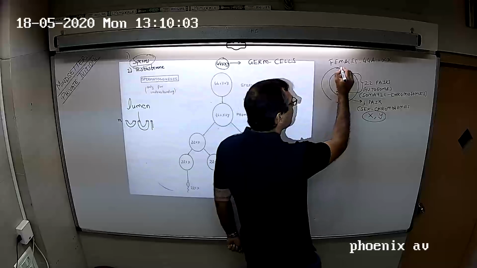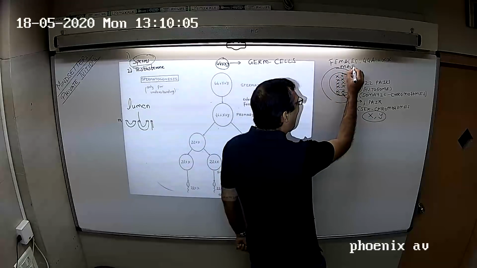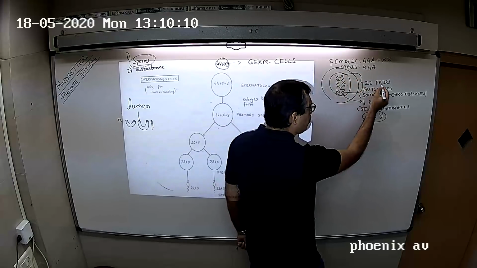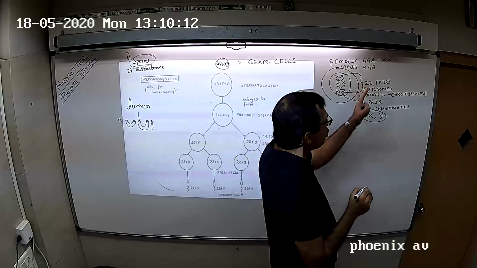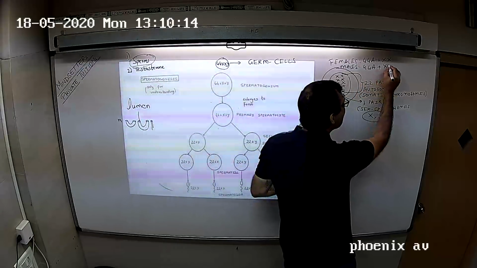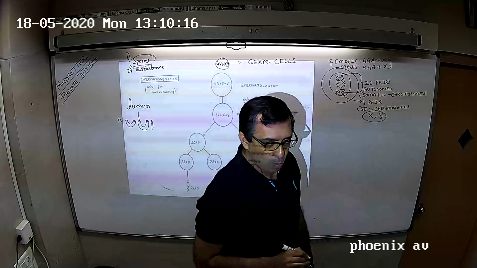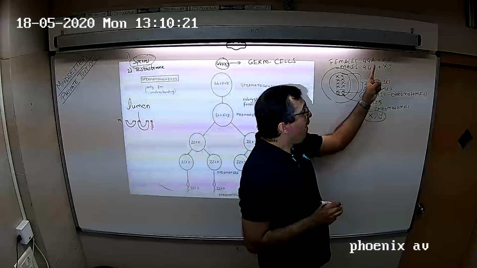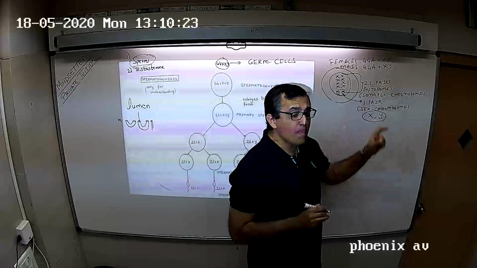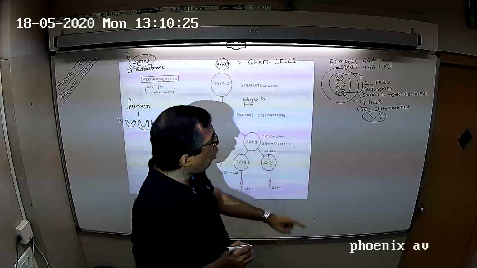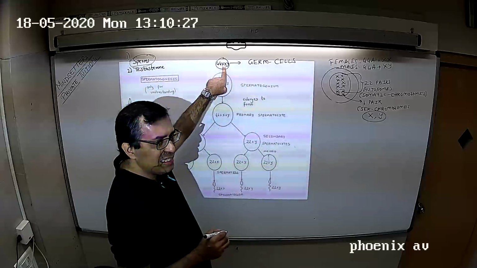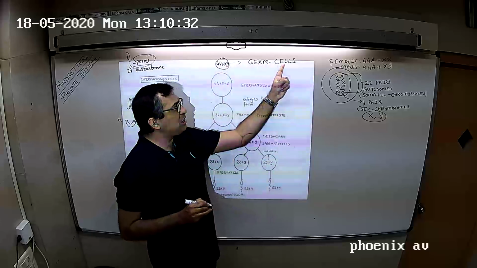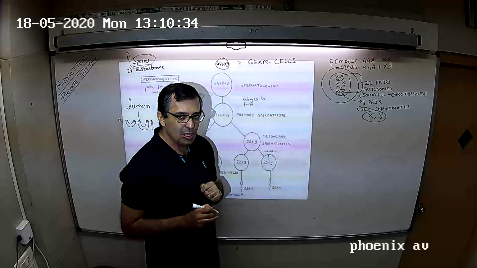In males, we have 44 autosomes, in other words 22 pairs of autosomes, plus XY sex chromosomes. So what do females have? 44 plus XX. What do males have? 44 plus XY. So what do the germ cells at the periphery of seminiferous tubules have? 44 plus XY sex chromosomes.